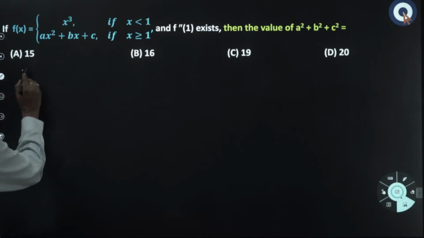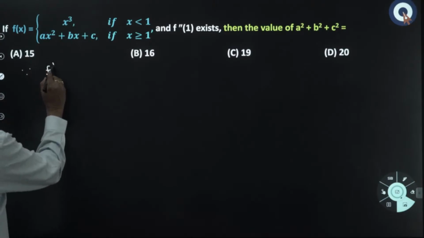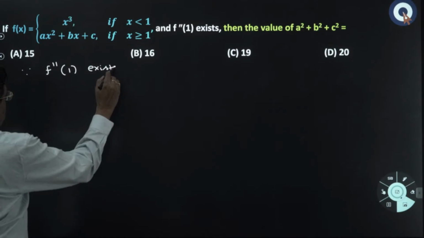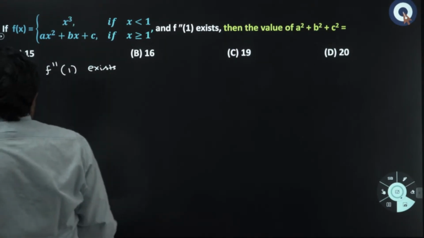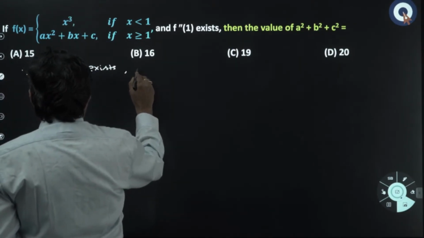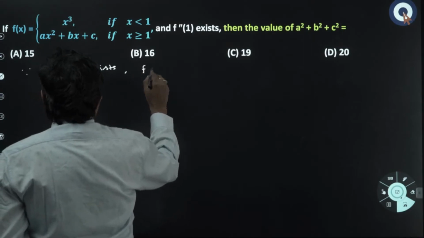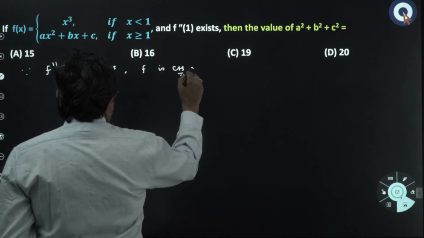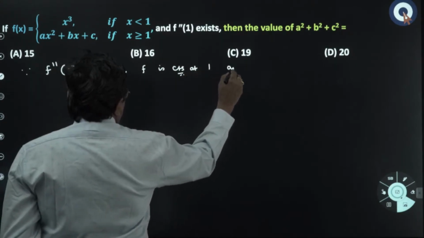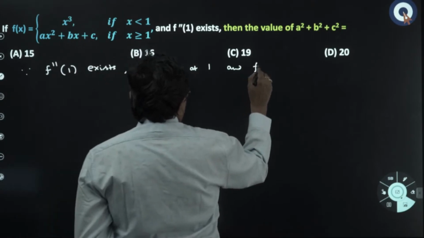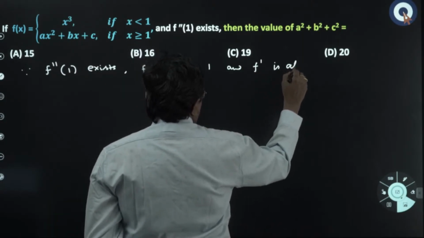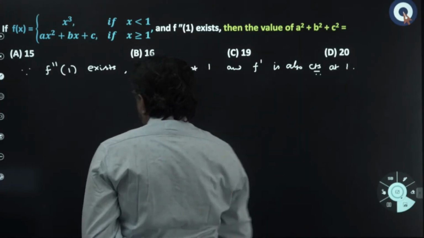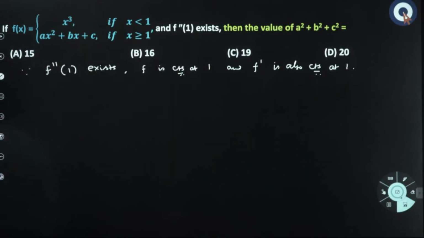Since f double dash 1 exists, since this exists, f is continuous at 1 and f dash is also continuous at 1.